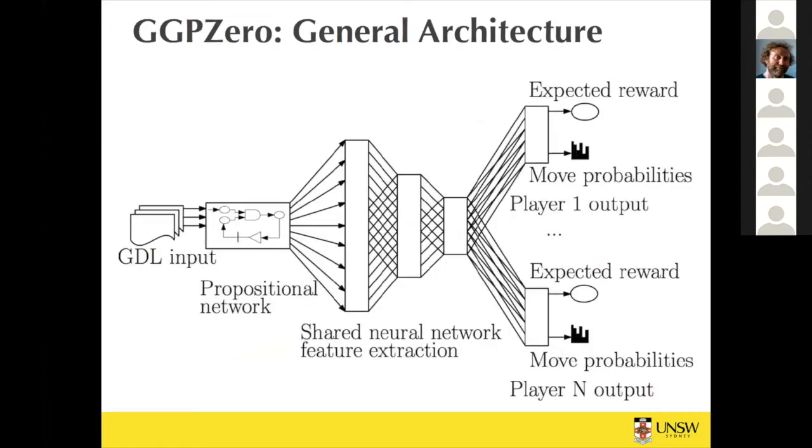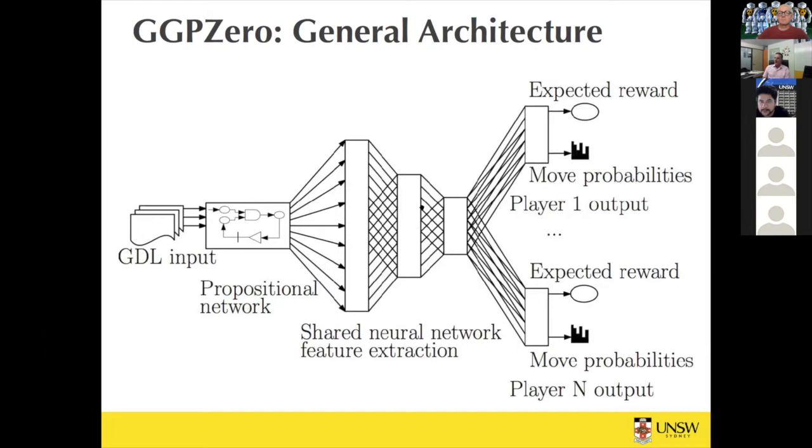We then combined the knowledge representation side as one aspect of the general architecture of what we called general game playing zero, as a further development of AlphaZero. So we did have the game description language input here and some form of symbolic knowledge representation processing, also known as reasoning.